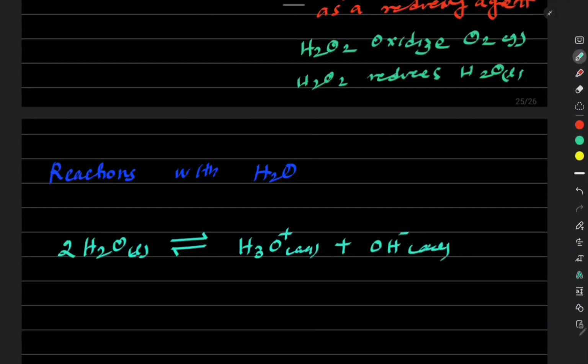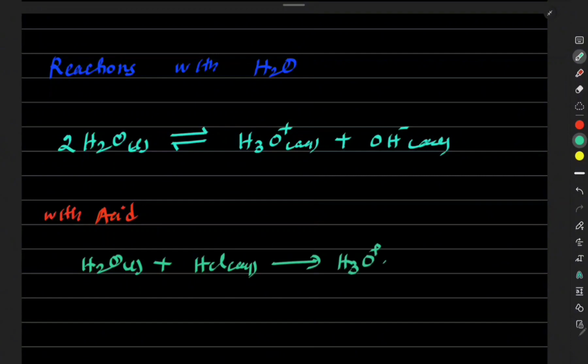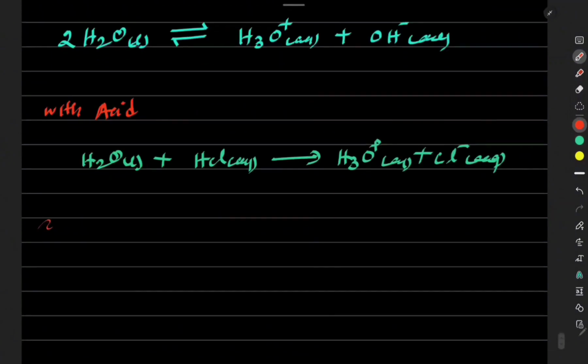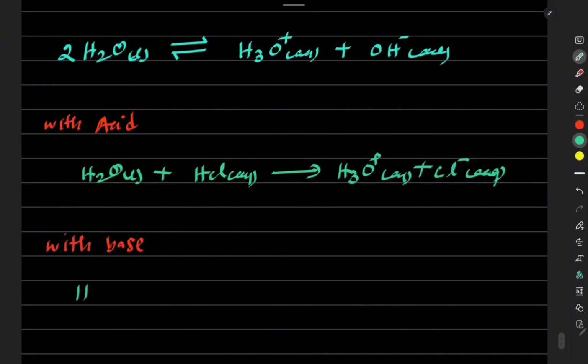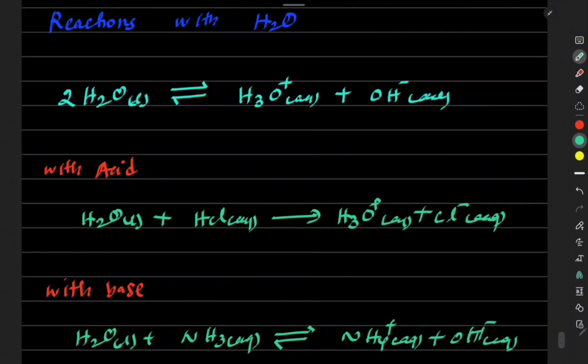The second is with acid: H2O liquid plus HCl aqueous forms H3O plus and Cl minus aqueous. The third is with base: H2O reacting with aqueous ammonia, also a reversible reaction, gives NH4 plus ammonium ions and hydroxide ions. These are the three reactions for water.